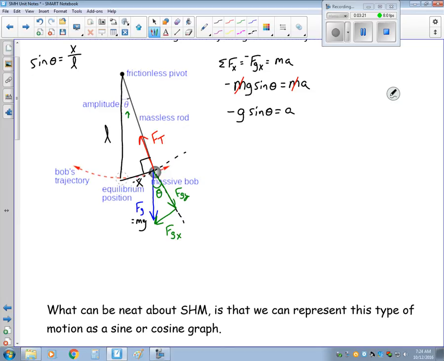Now here's something that I'm going to introduce. This is something called the small angle approximation. What the small angle approximation says is that for angles that are less than 15 degrees, sine of theta equals theta.